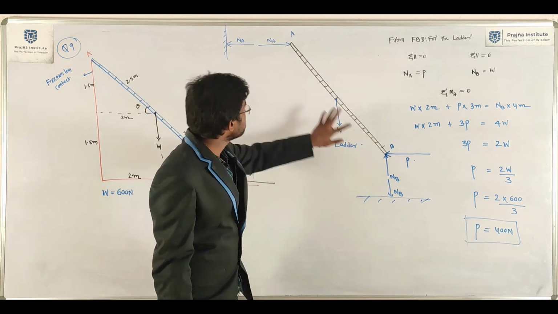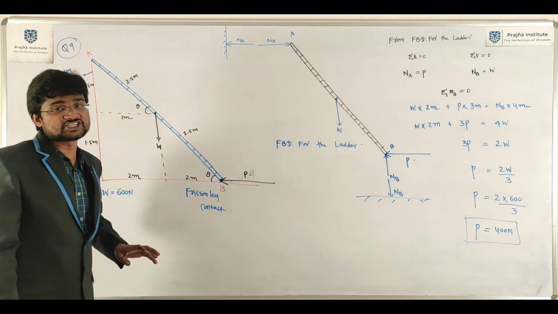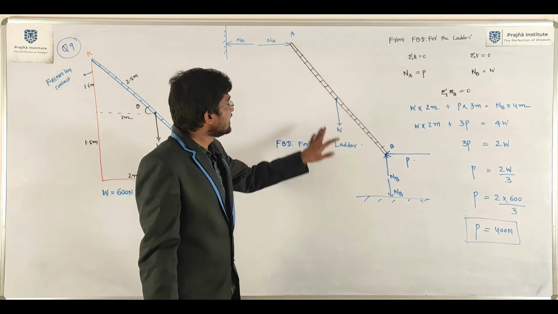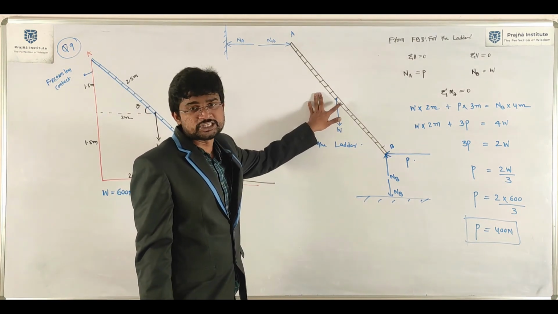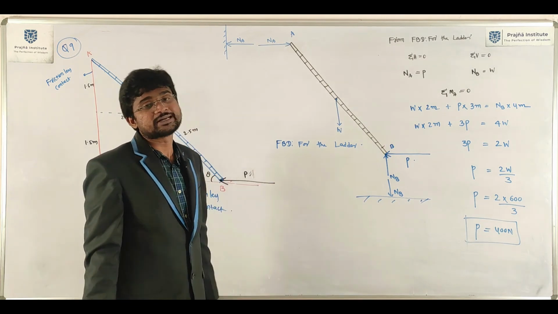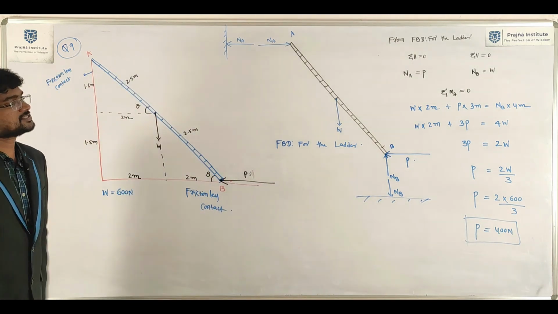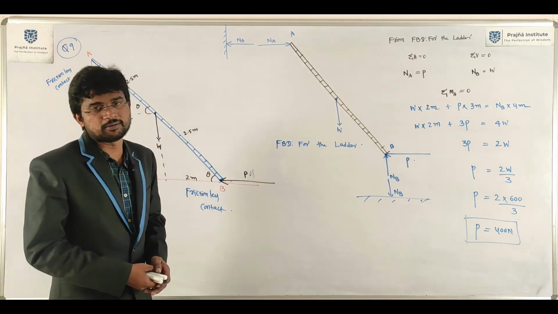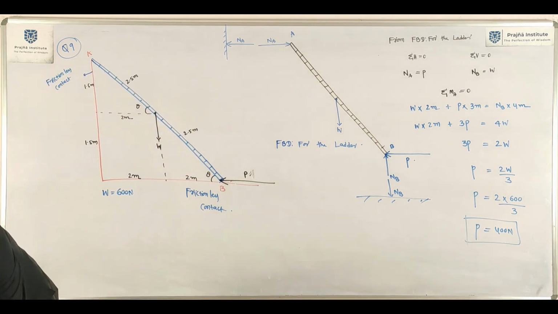Both are equal in magnitude, unlike in nature. Weight always acts vertically downward. The ladder is in a static position, so inertia forces won't come. So we have 3 equilibrium equations, and you can happily solve the problem. Okay, what is the answer? 400. Correct. Next.